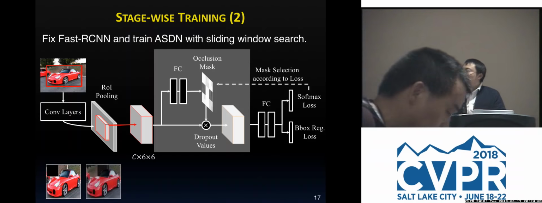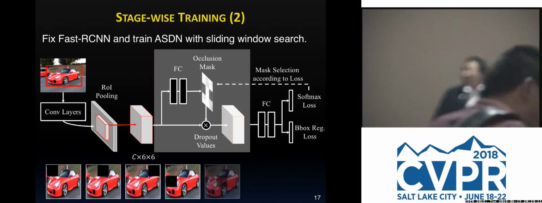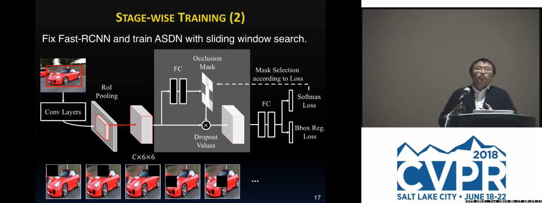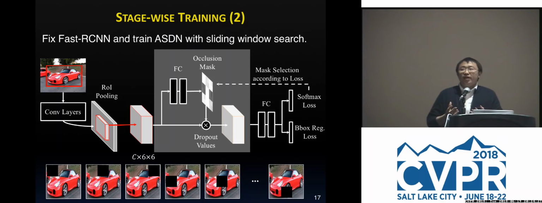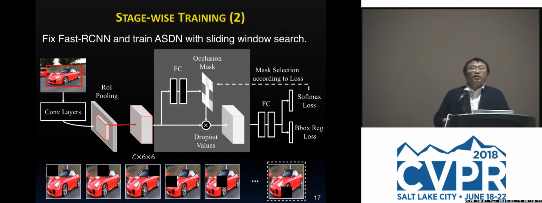We slide this small box, and for every different dropout strategy we generate new features. These features are forwarded to the classifier, and then you select the dropout policy that gives you the highest loss. For example, here we find that dropping out the wheels of the car gives the highest detection loss.